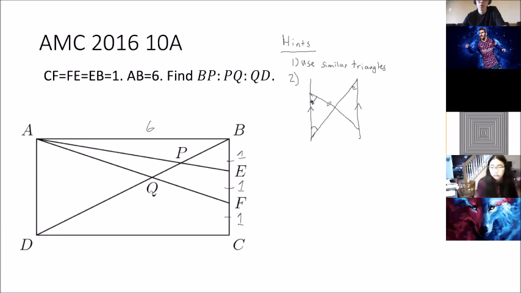You should have learned this in the angle chasing class. So this actually gives us two similar triangles. And you can apply that here with AB being parallel to BC.